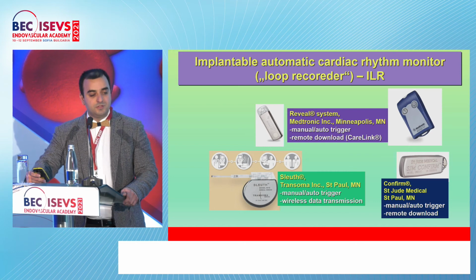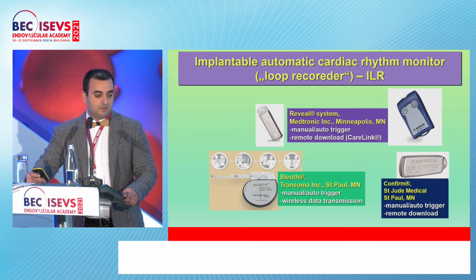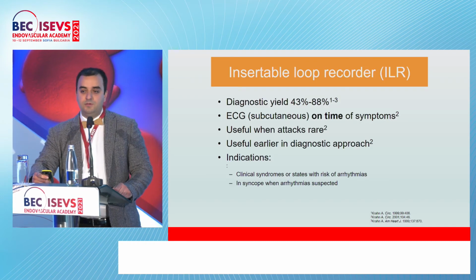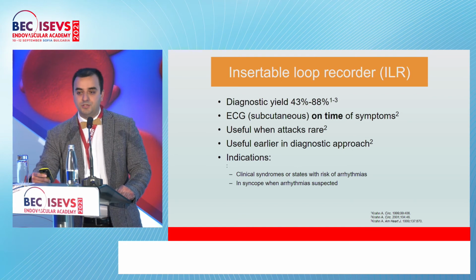We can use these small devices. They're really, really small, and it's not a huge surgery. It's a small device that should be implanted next to the sternum in a proper position. And we have really a lot of advantages when we use this promising technology.